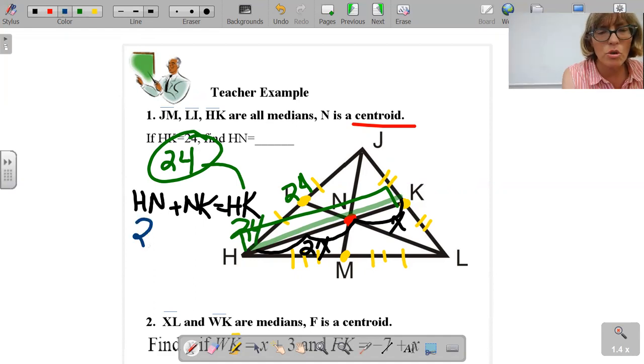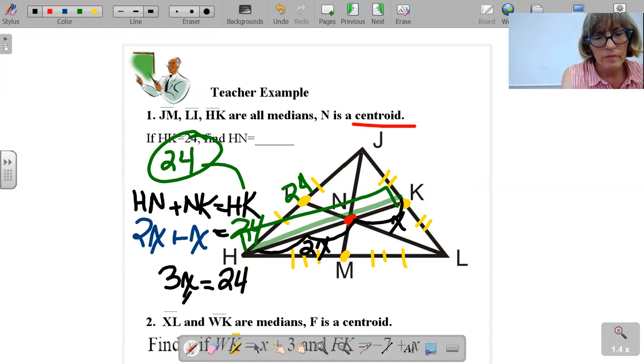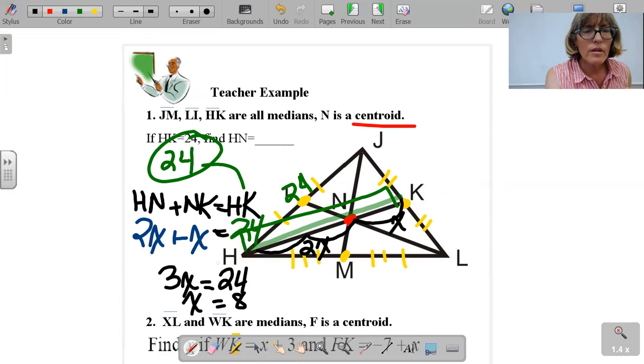HN is going to be 2X, NK is X, equals 24. X equals 8, which means H to N is 2 times 8, so it's 16.